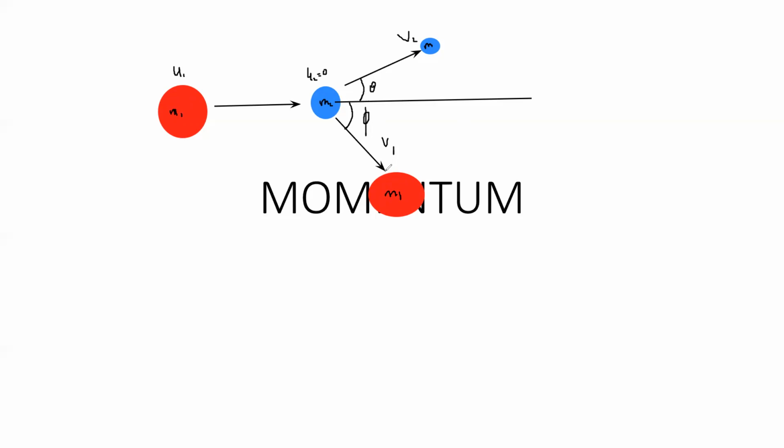In this case the momentum has two components, horizontal and vertical. So we have to divide the conservation into two parts: conservation of momentum in the x component and conservation in y. Each velocity also has two components.